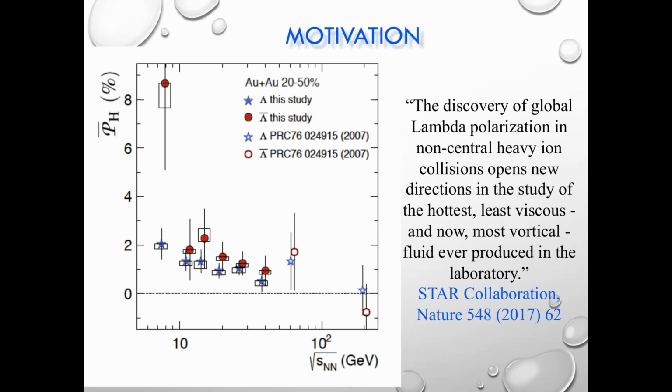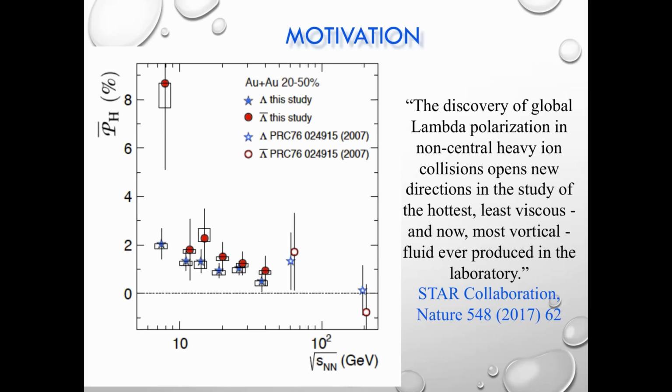1–2%, but positive. And then if you look at this plot, you can see that although within the error bars they coincide, still the polarization of lambda bars is a little bit higher.